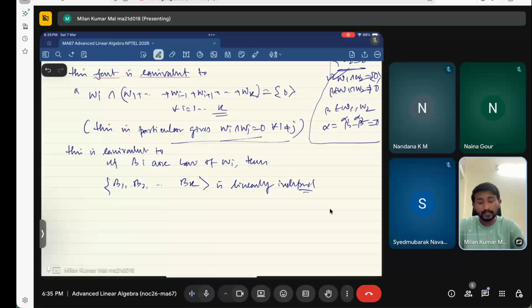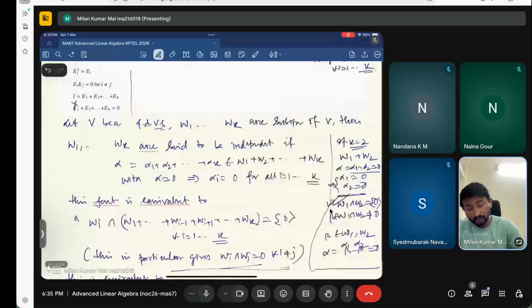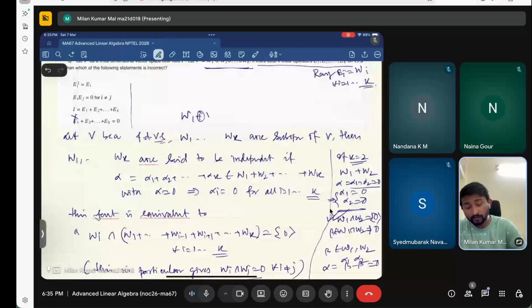In any of these cases, one can write W1 direct sum W2 direct sum all the way to Wk.